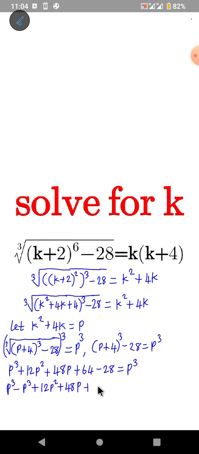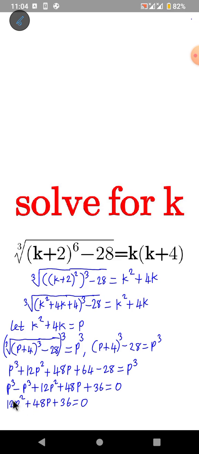So plus 36. Then all equal to 0. Then we continue again. P raised to the power of 3 minus p raised to the power of 3 is 0. So we just write only this. So here will now become 12p square plus 48p plus 36 equal to 0.